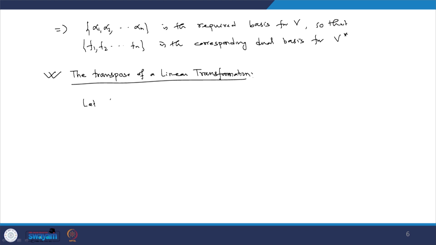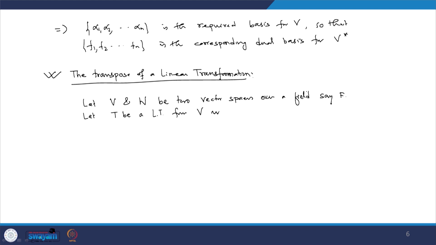Let V and W be two vector spaces over a field, say capital F. Let T be a linear transformation from V into W. So, that is T is mapped from V to W.